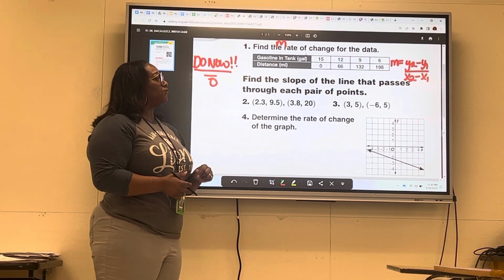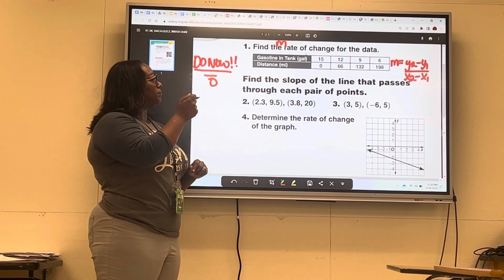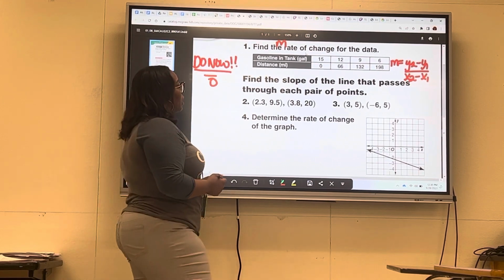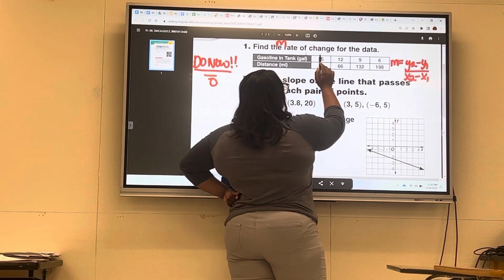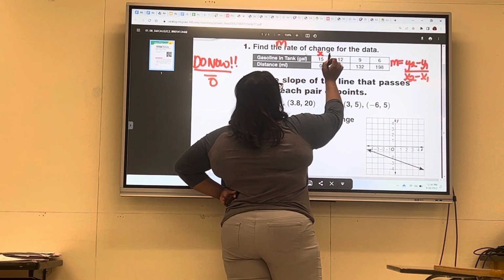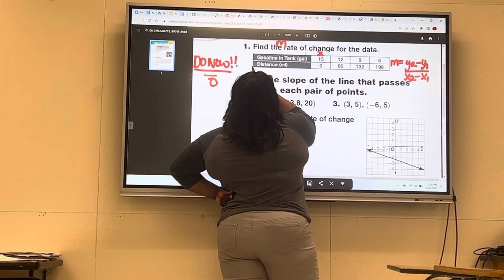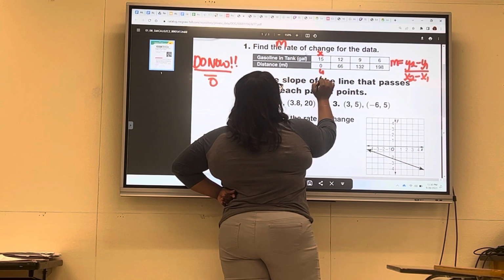So I'm going to use that formula right now. This is my X column, and this down here, distance, is my Y column.